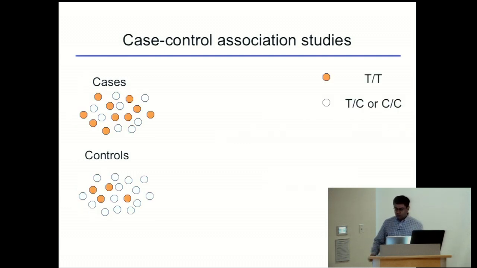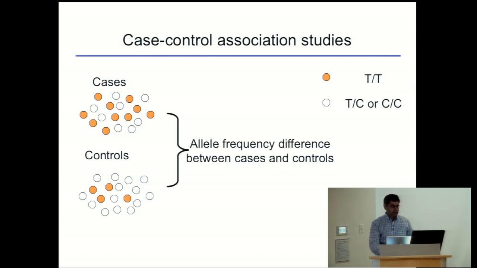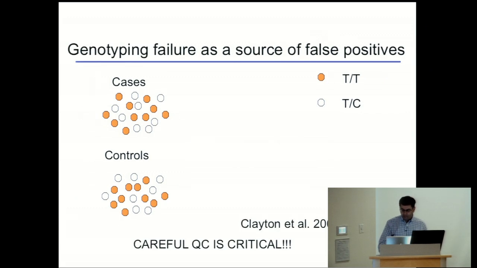And so you might observe something like this, where the T allele is more common in the cases than controls, and this allele frequency, or sometimes genotype frequency, but usually it's done in an additive model, so looking at allele frequency, this difference in cases and controls is the association between the allele and disease status that you're searching for.